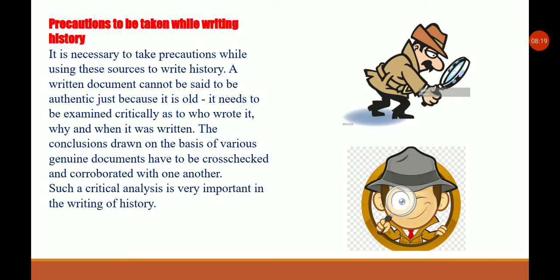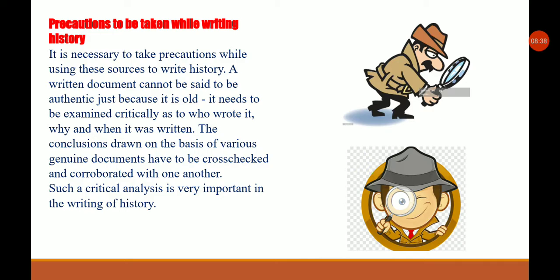Precautions to be taken while writing history. It is necessary to take precautions while using these sources to write history. A written document cannot be said to be authentic just because it is old.